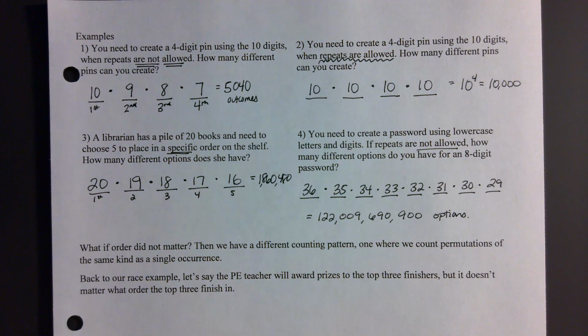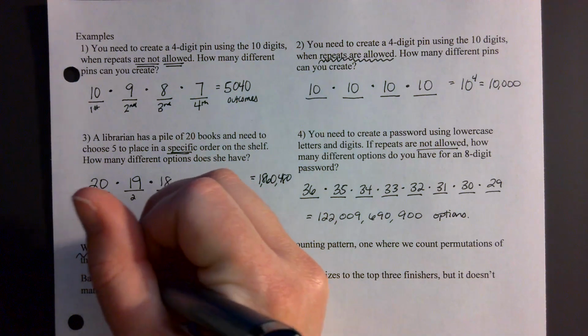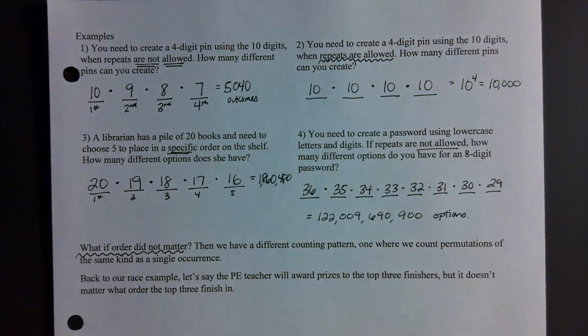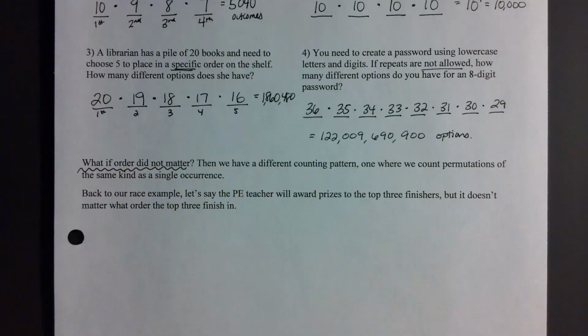All right, so what if order didn't matter? Then we would have a different counting pattern, where we have our permutations of the same kind of single occurrence, but then we have to eliminate our repeats. So let's go back to our race.